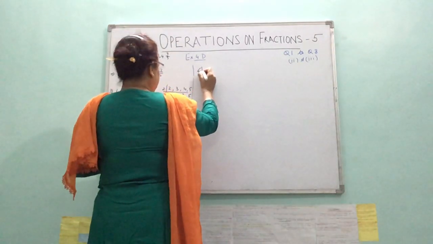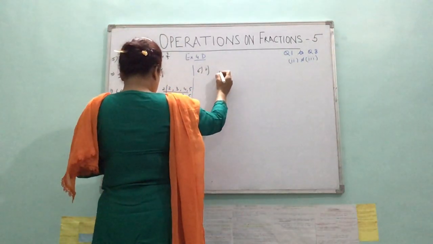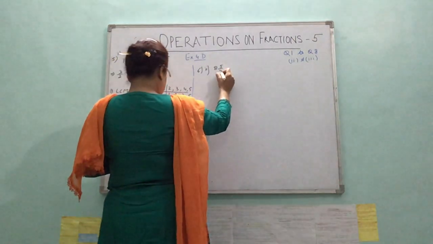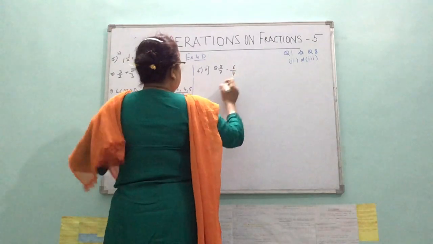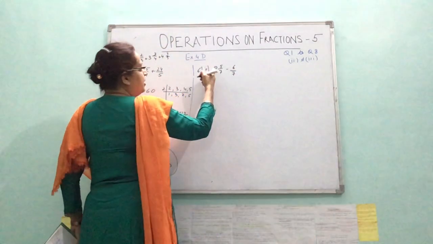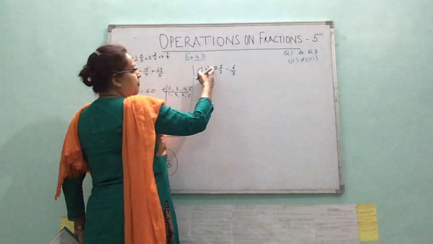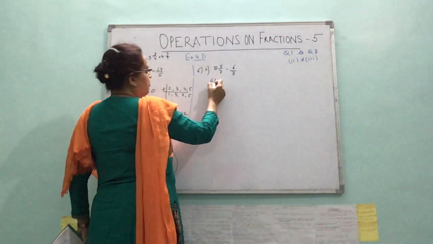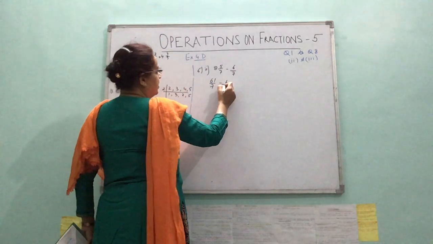So question number 6, second part, it's to find the difference: 8 whole 5 by 7 minus 6 by 7. Like fractions, convert 7 into 8, 56. 56 plus 5, 61 by 7 minus 6 by 7.